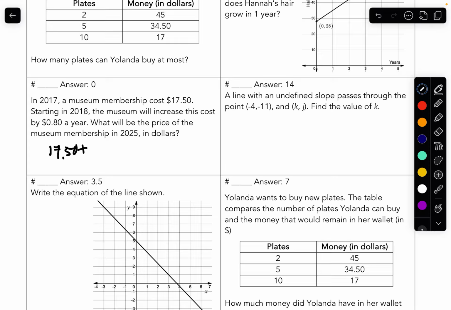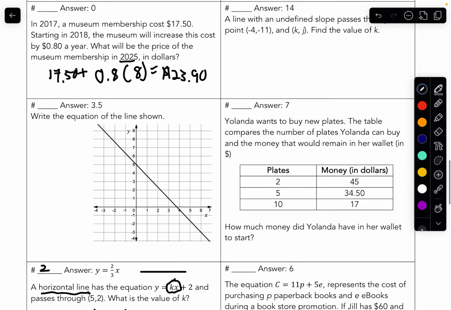Plus the 80 cents increase times, let's see, in 2025. It started increasing in 2018, and through 25, that's 8 more years. So that works out, if you get a calculator, to $23.90.